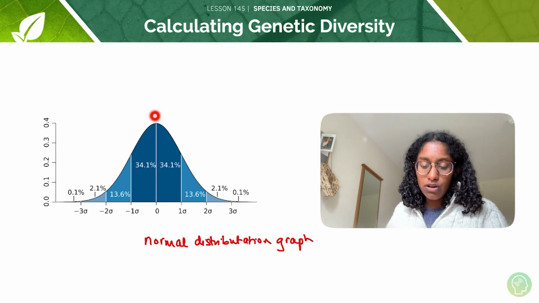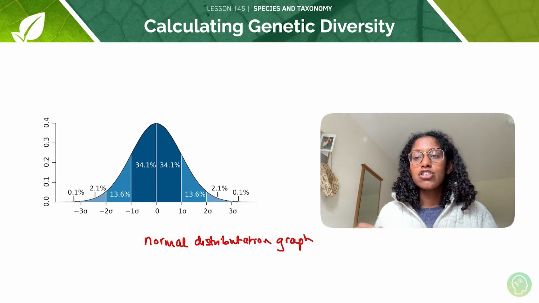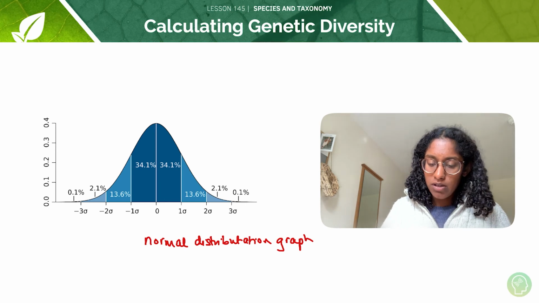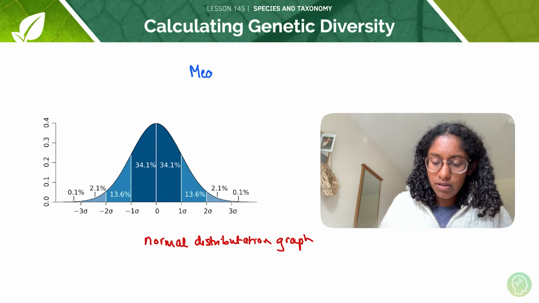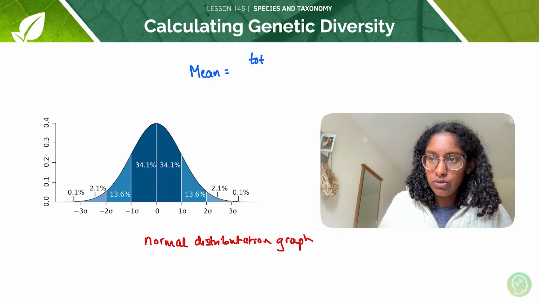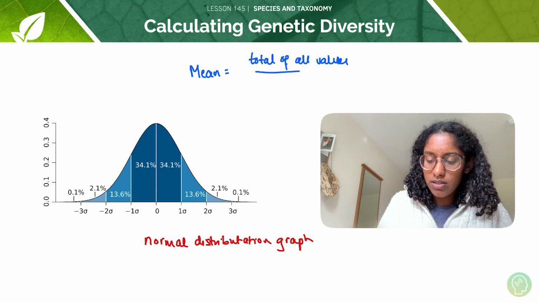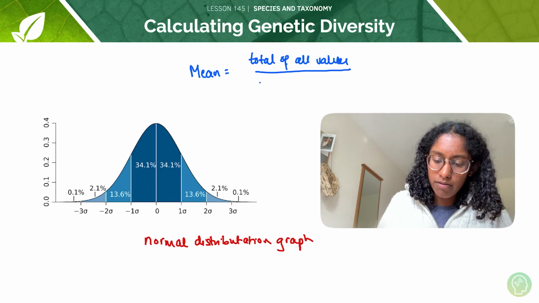This is the peak on the graph here, so this is our mean. Remember, mean is the total of all values over the number of values. That's how we calculate our mean: our total of all values divided by the number of values.